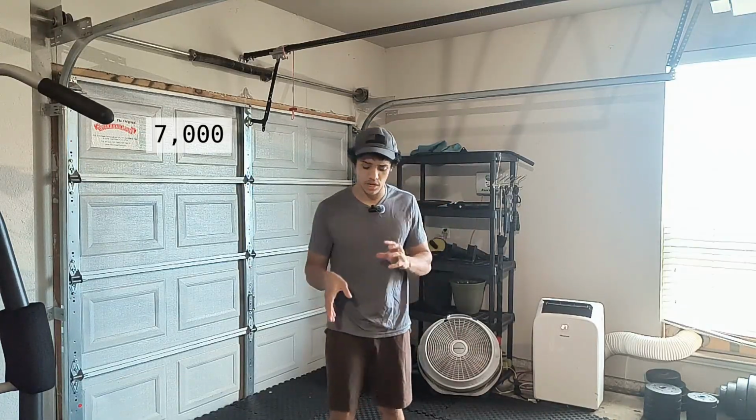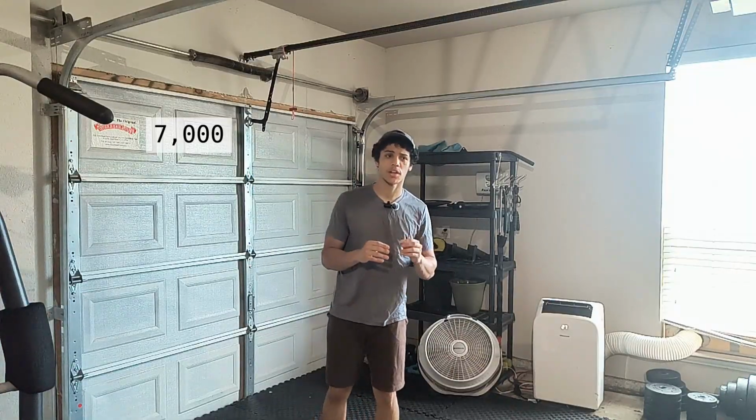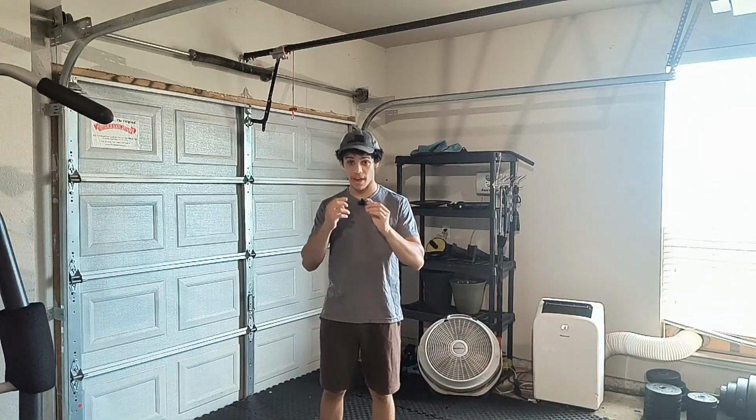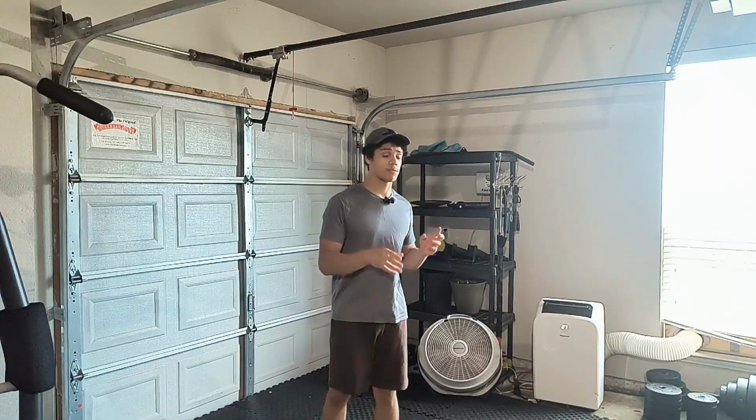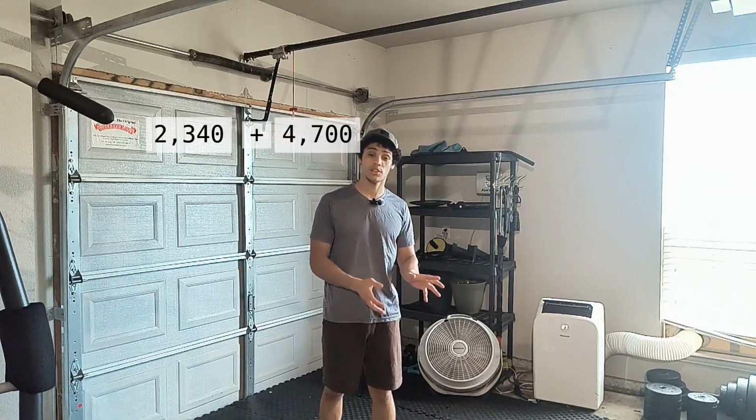And I'm going to get a little bit trickier with you. I'm going to teach you something else. I'm going to give you two numbers. I want you to add them together. But first, before adding them together, I want you to round them to their nearest thousands and then add them together. For example, I want you to add 2,340 plus 4,700.